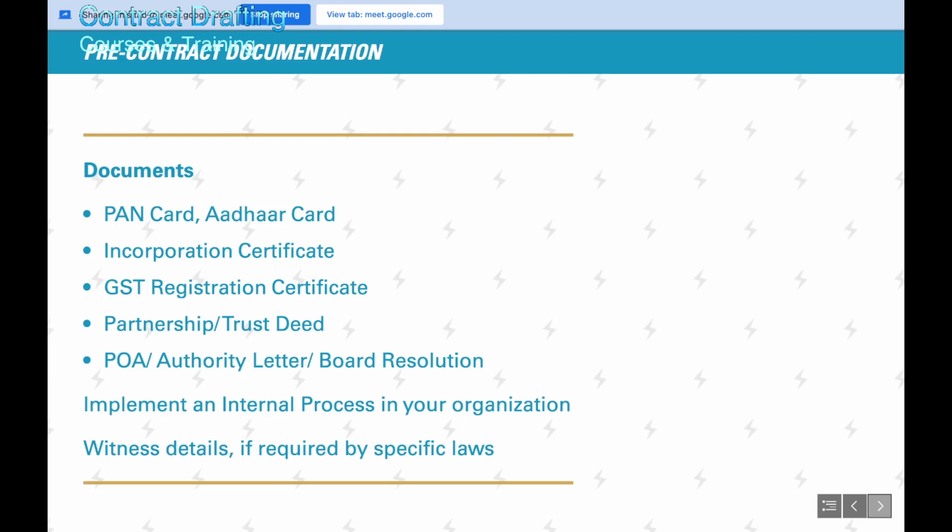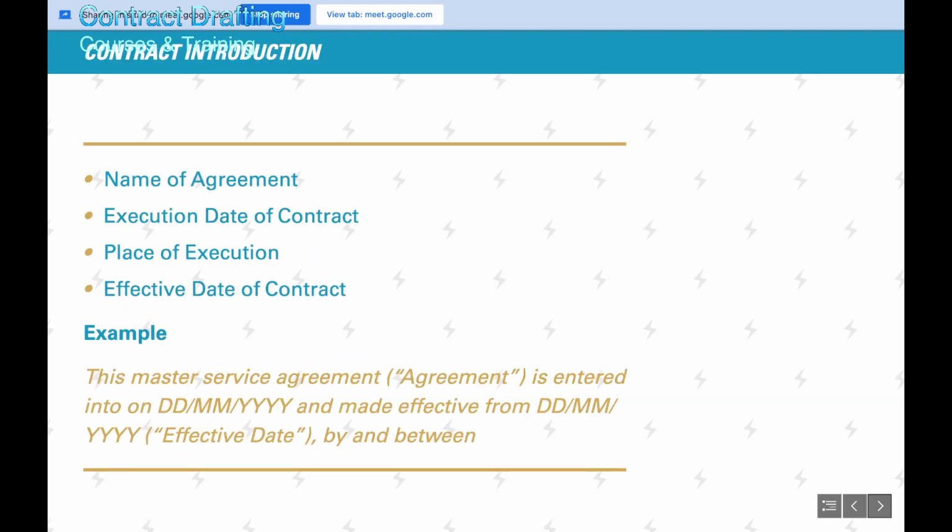Next is the introduction of the contract. The essential elements of the introductory sentence are the type or name of the agreement, the execution date of the agreement, and the effective date of the contract. Both these dates are different, and then there is the place of execution.